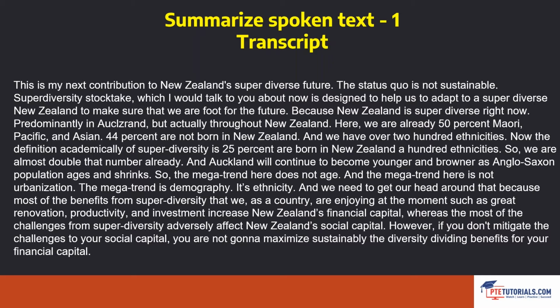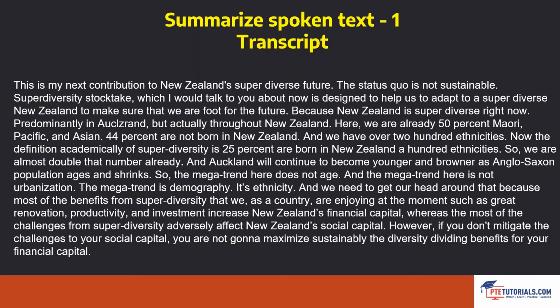So we are almost double that number already. And Auckland will continue to become younger and browner as the Anglo-Saxon population ages and shrinks. So the mega trend here is not age. And the mega trend here is not urbanisation. The mega trend is demography. It's ethnicity.